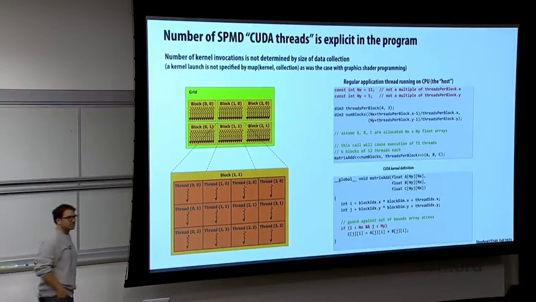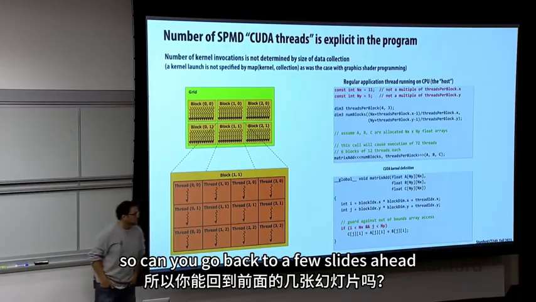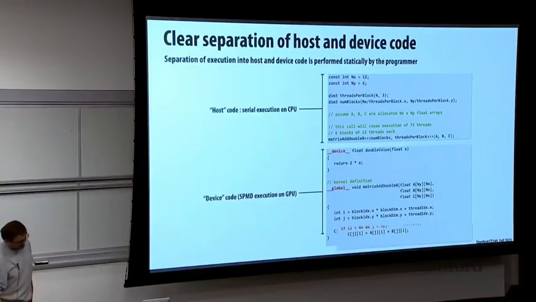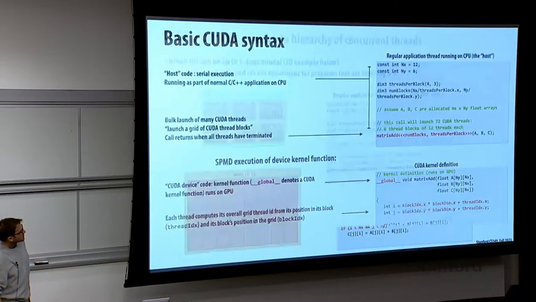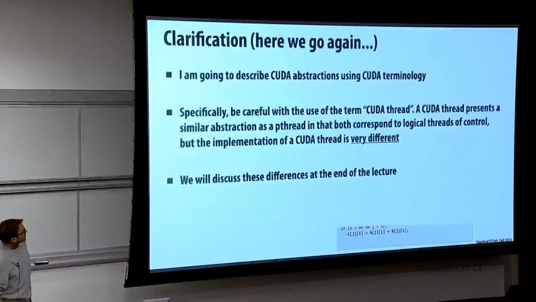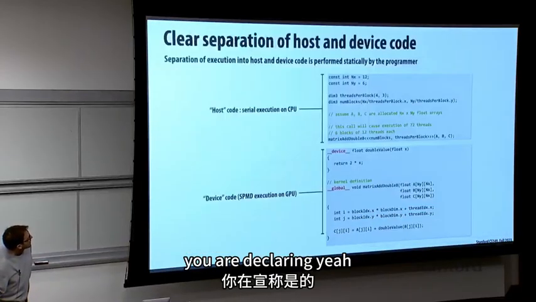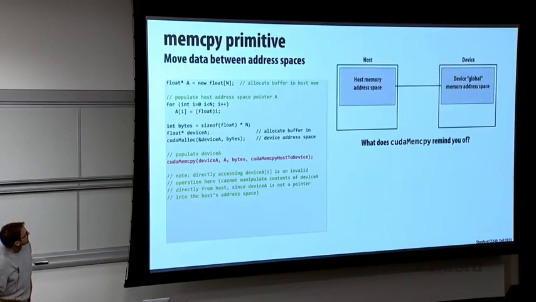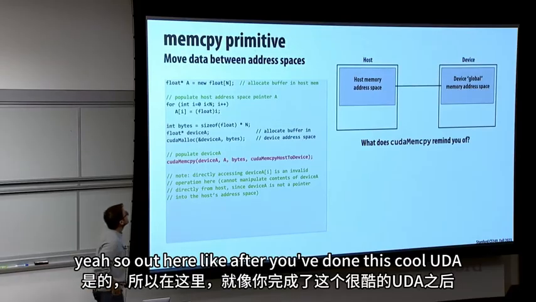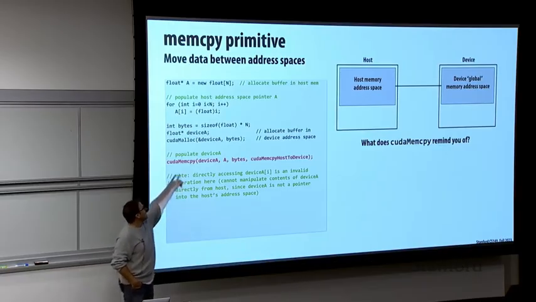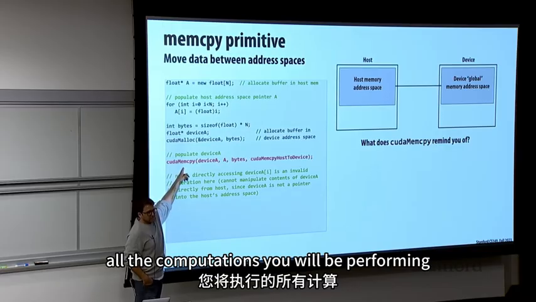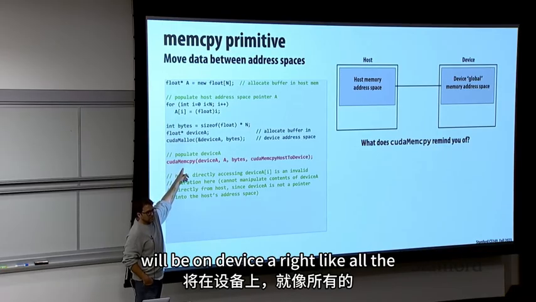Yeah. So can you go back a few slides when you were declaring the CUDA variables? There it is, yeah. Okay. So out here, after you've done this cudaMemcpy function, all the computations I'll be performing will be on device A, right?